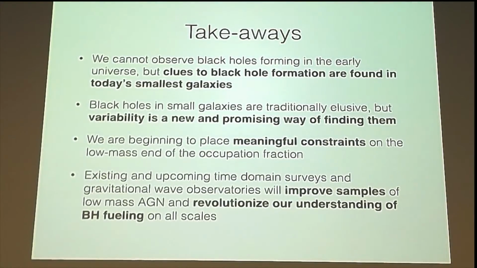So using these various different techniques, we're coming to a consensus that at least down to stellar masses of 10 to the 9, black holes are not that rare in dwarf galaxies. They're just hard to find. And so I think that is more consistent with a model where basically everything has a black hole. Yeah. Small things run the universe.